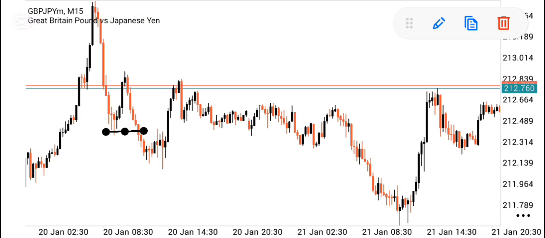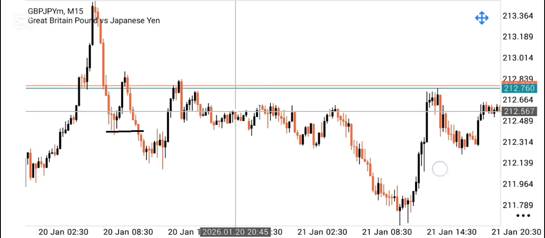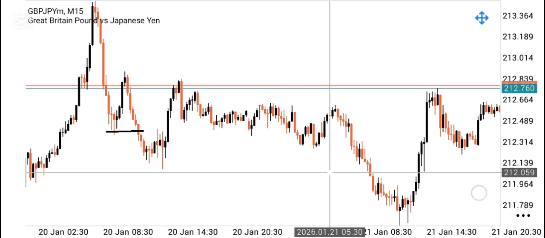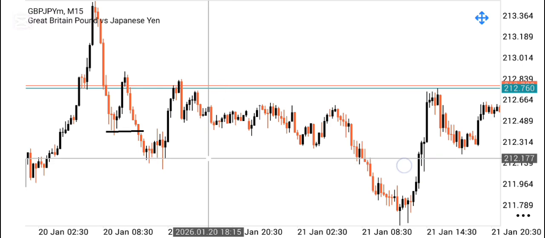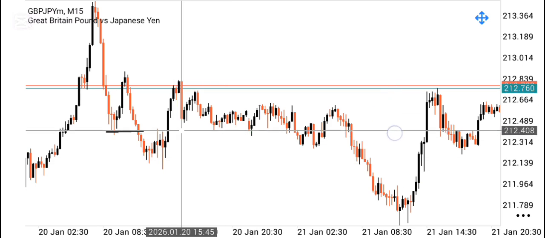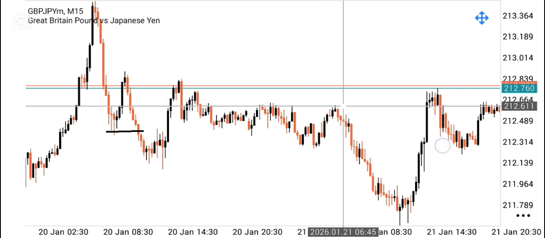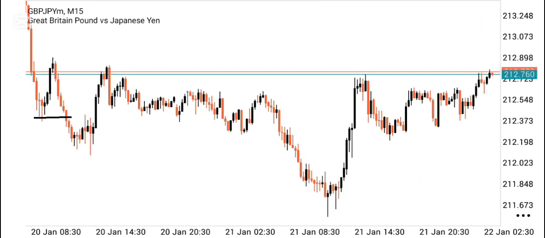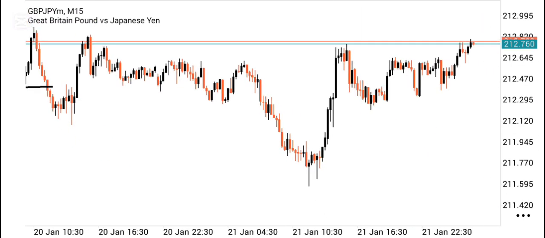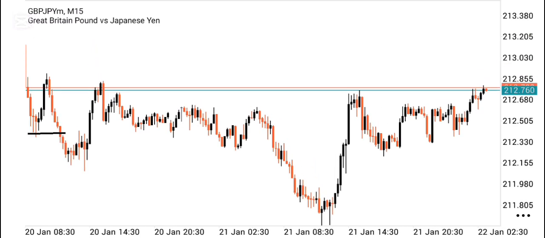And inside the move from here to here, you can see that there was also a trend: up, down here, up, down here, up, down here.